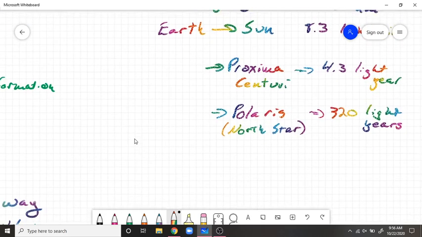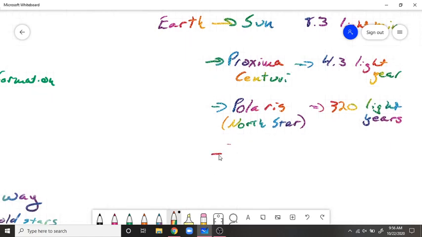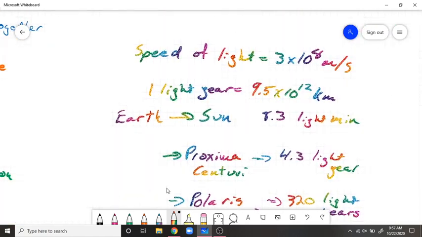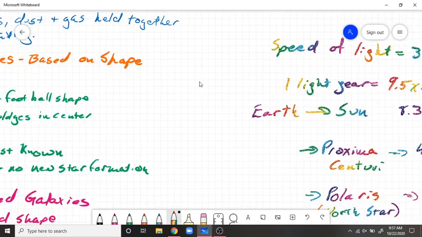And Andromeda, which is our next nearest galaxy, is 2.5 times 10 to the 6th light years away. I want you guys to get a sense of when we're talking about a light year, how we are talking about a really immense distance.